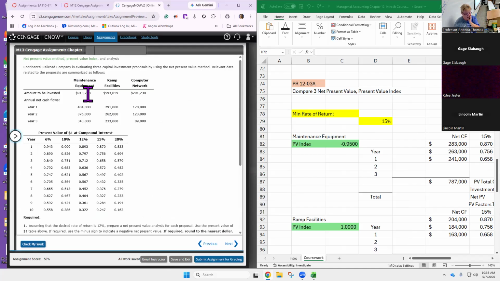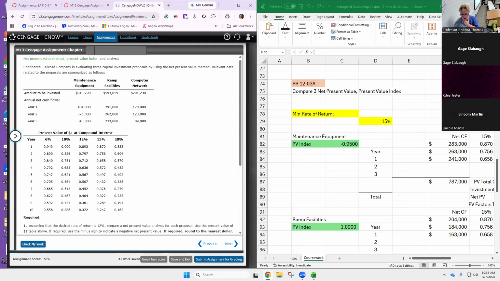This time, we're going to use 3 options. The 3 options have different investment amounts. And then we're only looking at it for 3 years. But each of the 3 years has different amounts of cash flow, depending on the option.